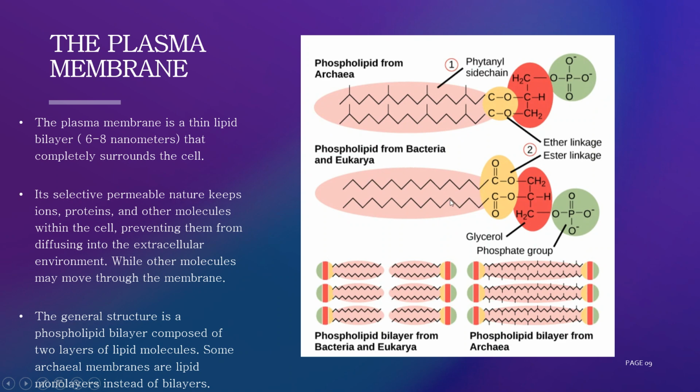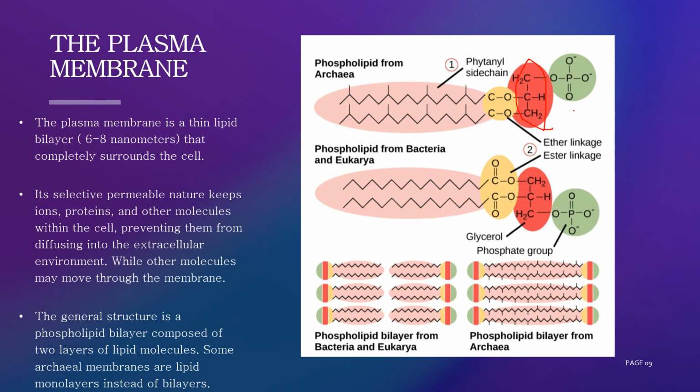The plasma membrane structure of bacteria and eukarya is the same, while the phospholipid bilayer from archaea is a little bit different. How different? You can see, this is the glycerol, right?